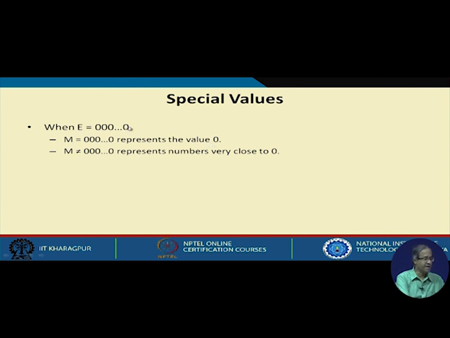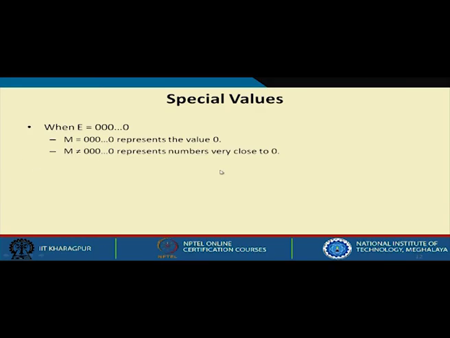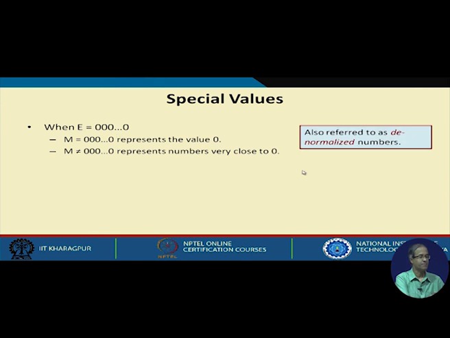For E all 0, if we have a mantissa which is not all 0, this represents numbers which are very close to 0, because E being 0 means it is already in biased form, meaning 2 to the power minus 127. After adding 127 you are getting 0. So, the magnitude of the number is really very small. Here we are representing numbers which are very close to 0 when E is all 0.